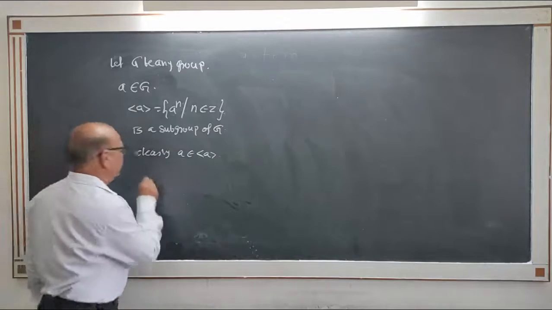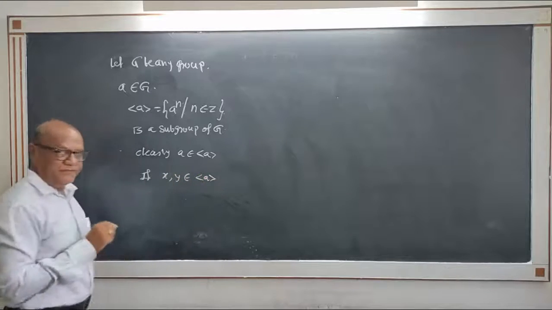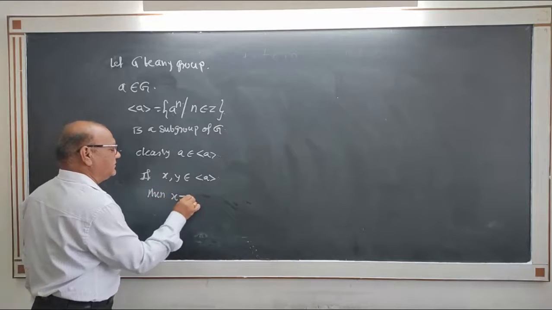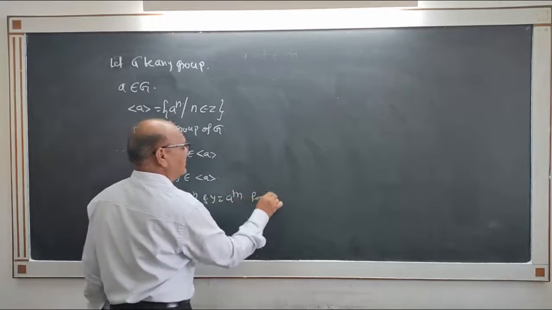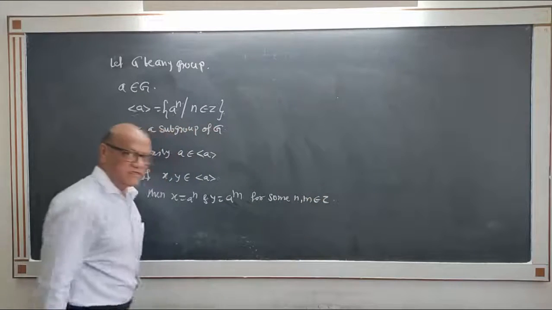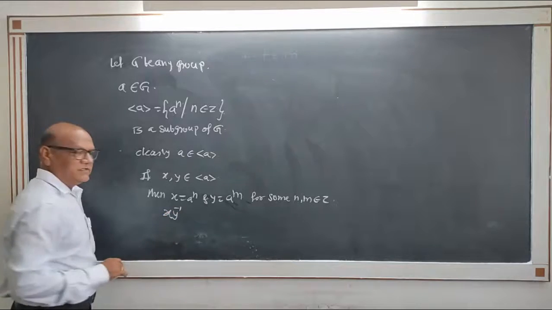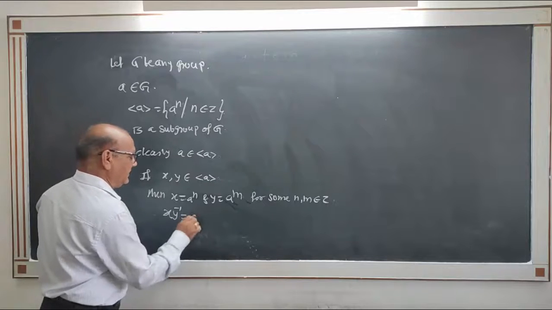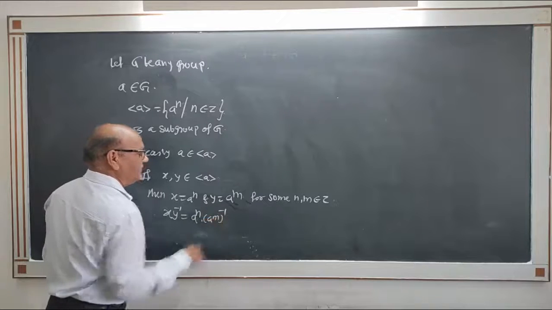Now if x, y belongs to this set, then x is equal to a raised to n and y is equal to a raised to m for some n, m belongs to Z. n and m are integers. Now x y inverse is equal to a raised to n, and y inverse means a raised to m inverse.